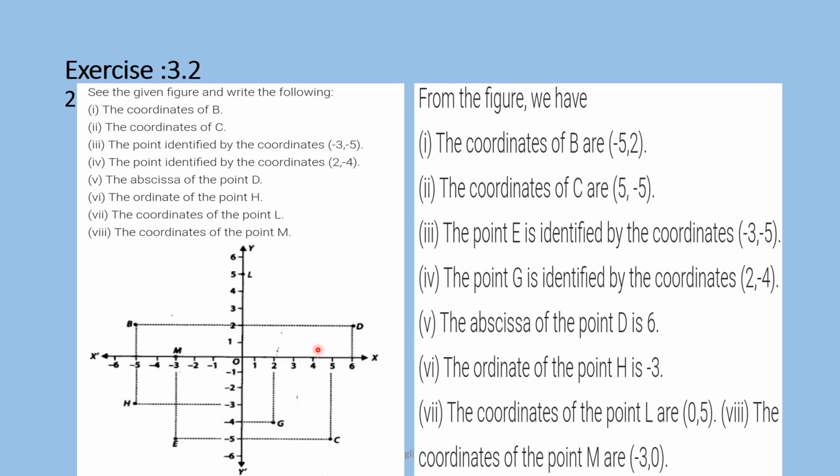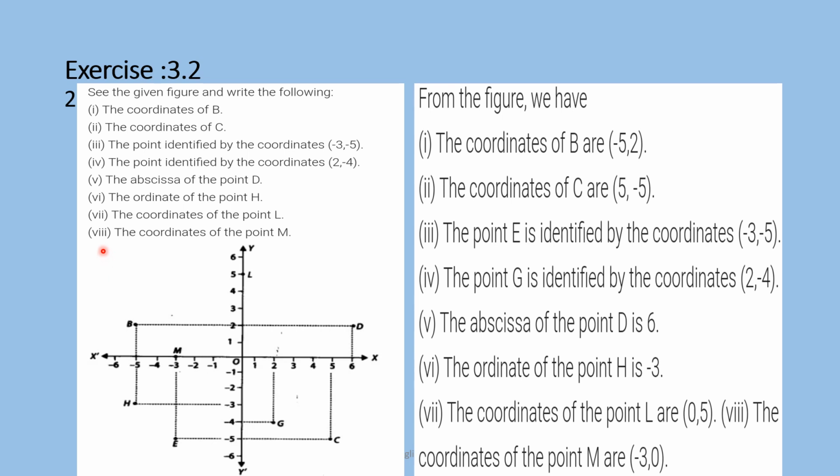Now you have to move to question number 7, that is the coordinate of the point L. Locate the point L. It is on the y-axis. Therefore, its x coordinate will be 0 and L is lying on number 5 on the y-axis. Therefore, the coordinate of L is 0, 5.